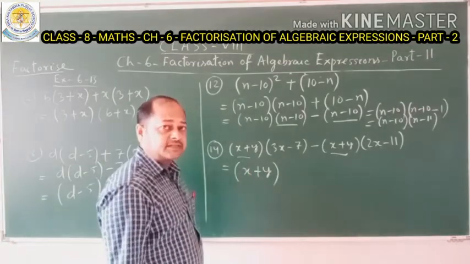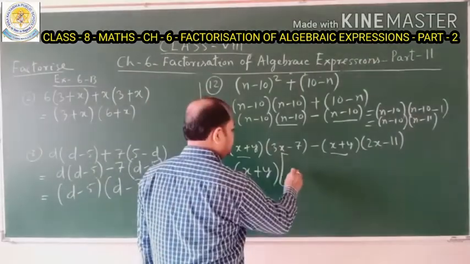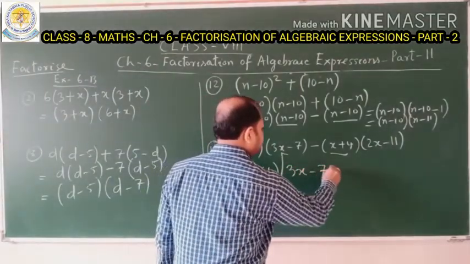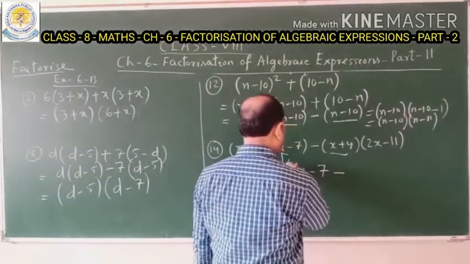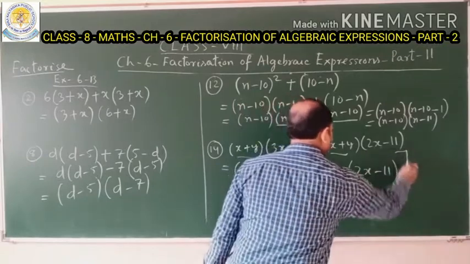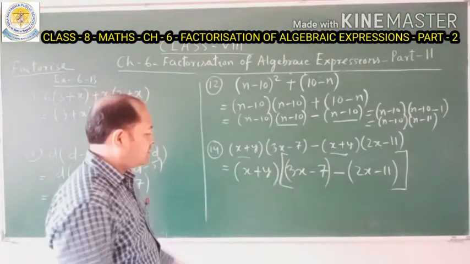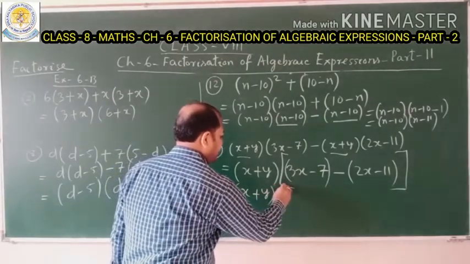If you take x plus y common, then what is left? The term left is 3x minus 7. And what is left here? That is minus of 2x minus 11.